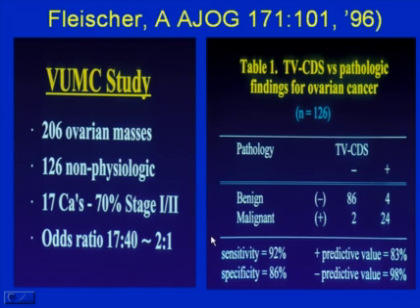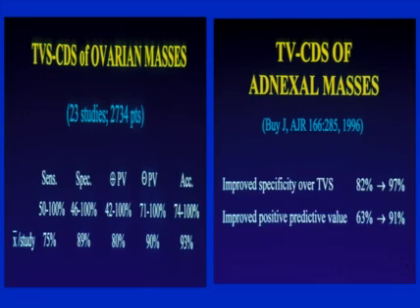Now, our data from the mid-90s showed that we could be very accurate in excluding cancer. We had a 98% negative predictive value. But in any disease with low prevalence, a negative predictive value will be relatively high. We had an 83% positive predictive value in finding ovarian cancers, and the cancers that we did find were stage 1 or stage 2.